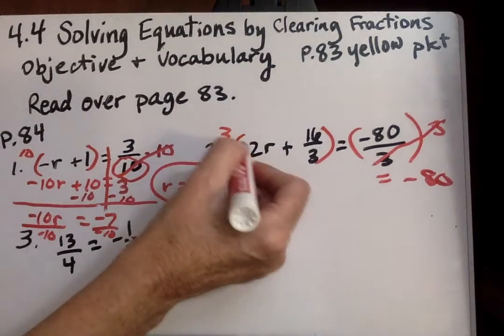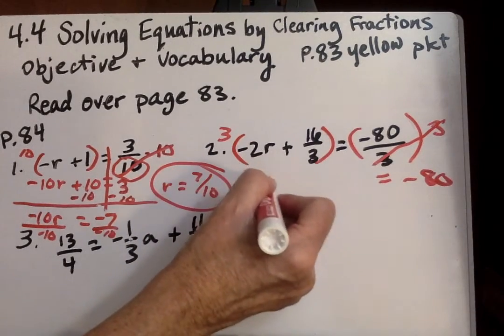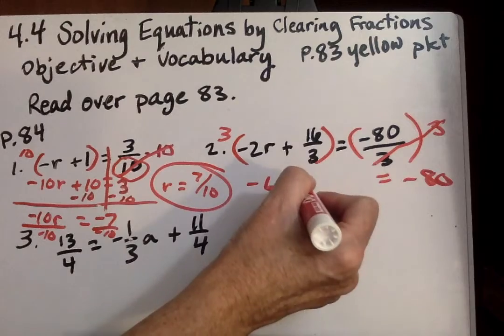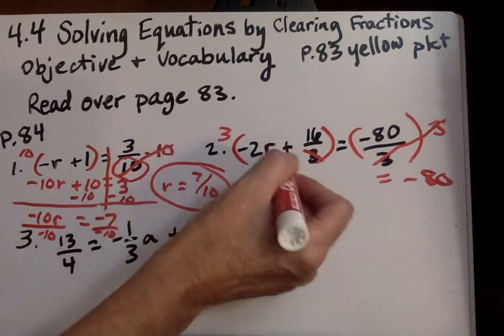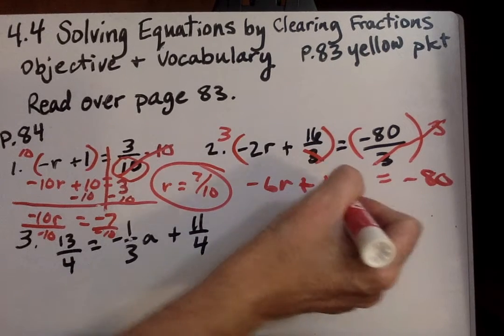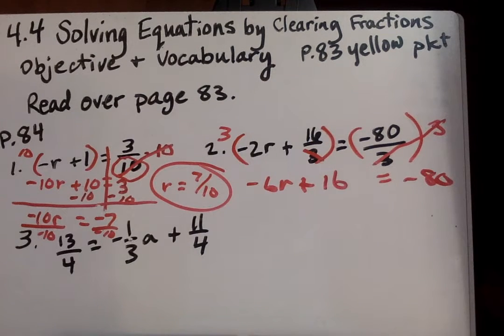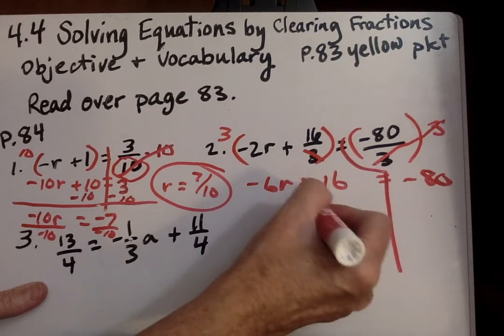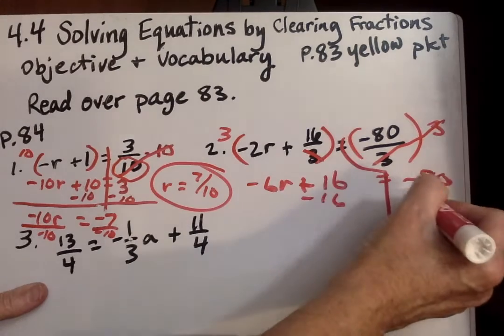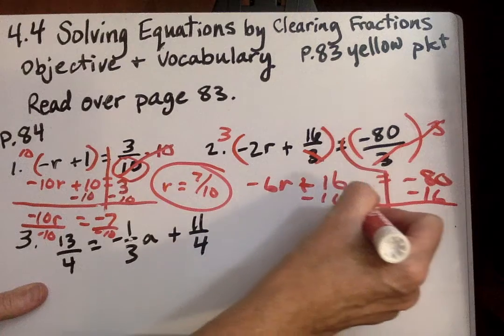And 3 times negative 2 is negative 6r plus 3 times, that's got a denominator of 3, I can cancel that out. So we end up with negative 6r plus 16 equals negative 80. Then I just solve it normally, and I go minus 16 here, minus 16 there.